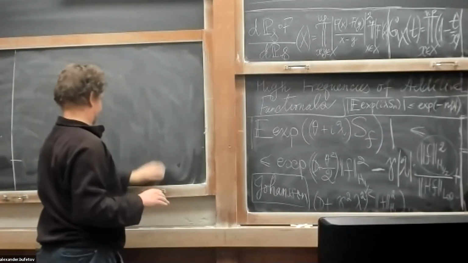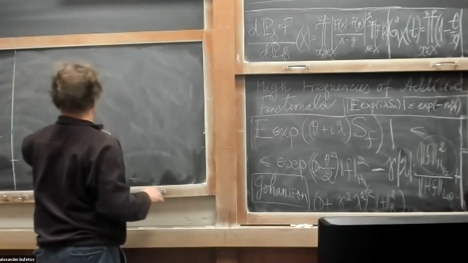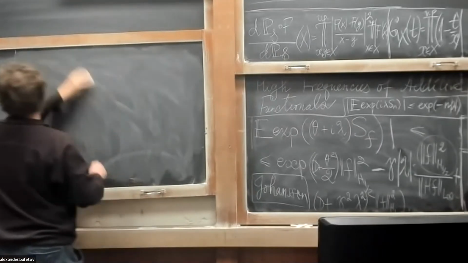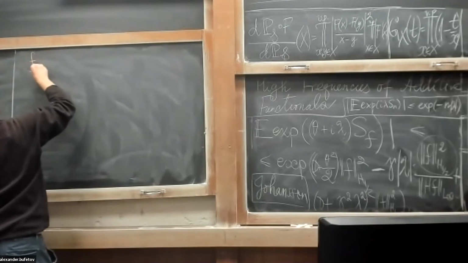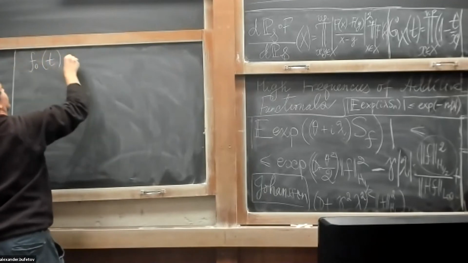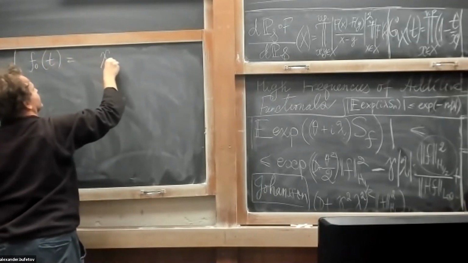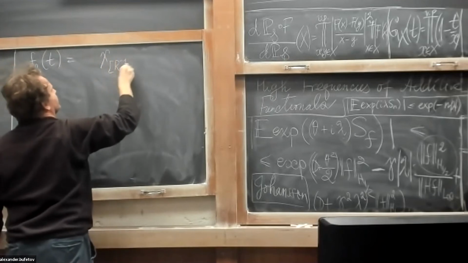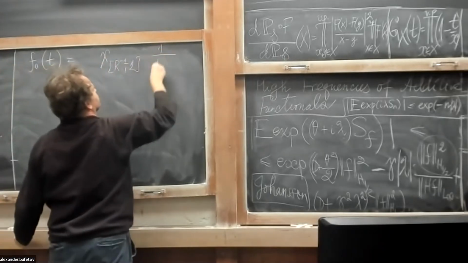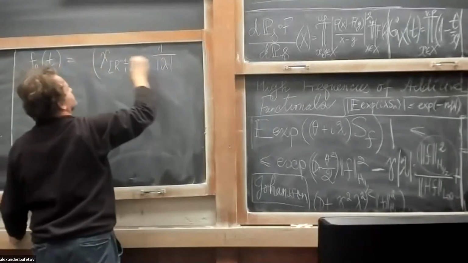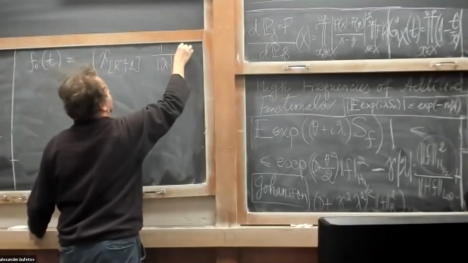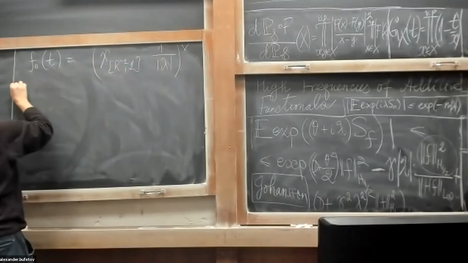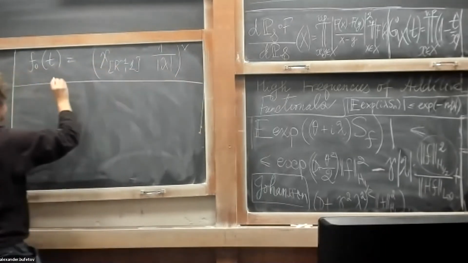So f0 of t is the inverse Fourier transform. So I consider my sums.